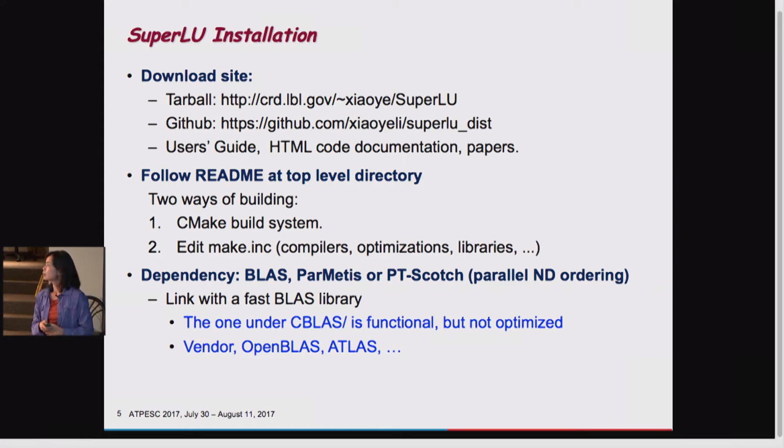And the critical performance component is really this BLAS library. So in our distribution, there's a reference implementation of BLAS, but it's not very fast. So ideally, if you are on a supercomputer like the one at NERSC or the Cooley, then your vendor usually provides a very fast BLAS library.